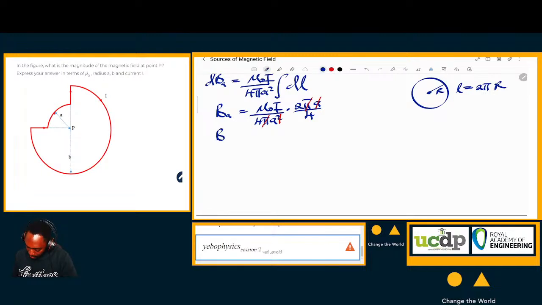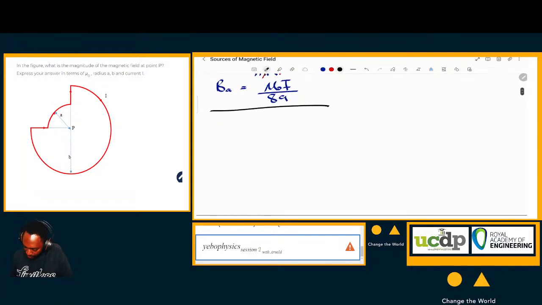And then you remain with your BA being equal to mu naught I over 4 times 2, which is 8A. So mu naught I over 8A is what I'm getting for BA.